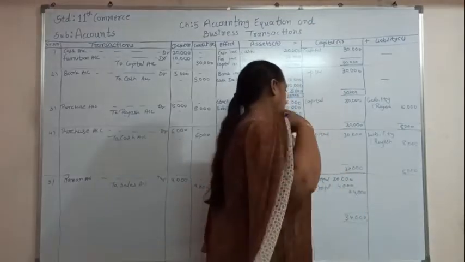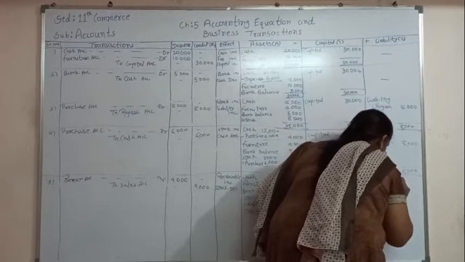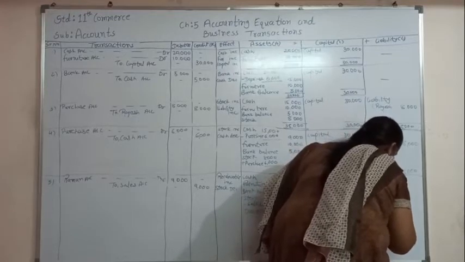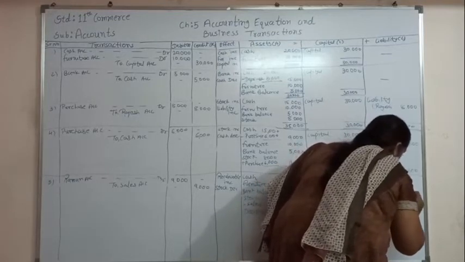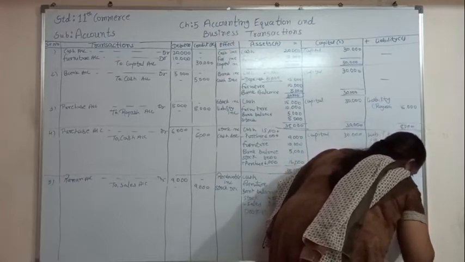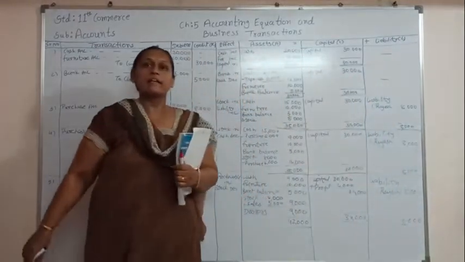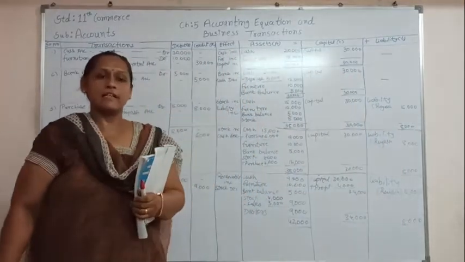And here liability of Rajesh will be 8,000. So students, you may note this down, then we are going to see another transaction.